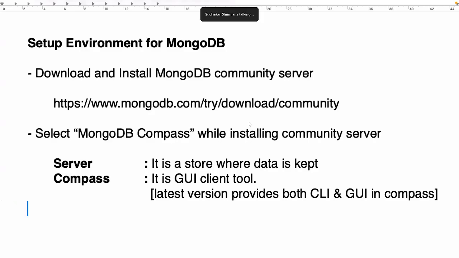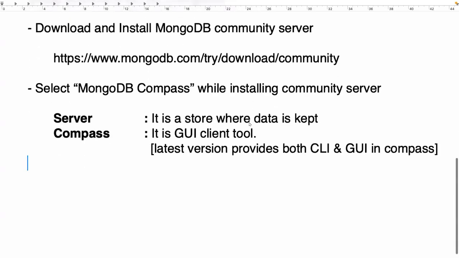Earlier we used to have separate tools. That means the command line tool is separate, the graphical tool is separate, but both are now in one place. CLI is command line interface, GUI is graphical user interface.